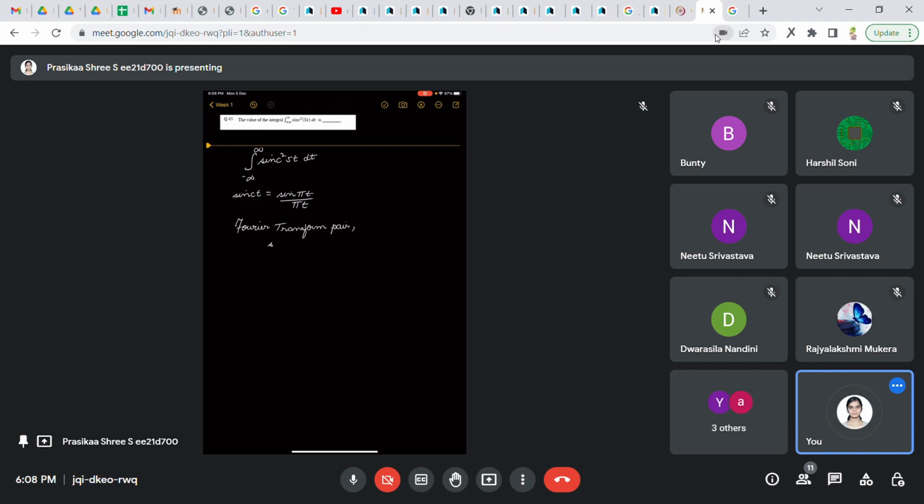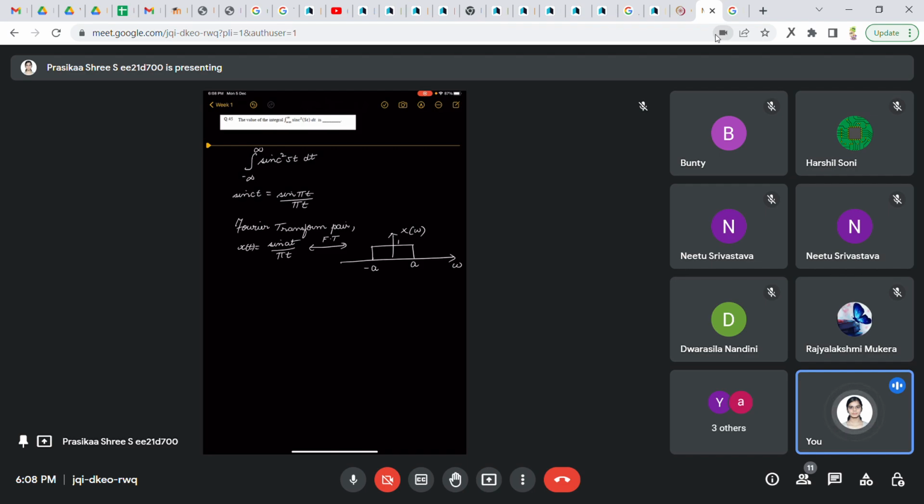Which is sine at by pi t. When you take the Fourier transform, you will be getting a rectangular waveform which is going from minus a to a in the omega domain, frequency domain, with amplitude 1. Let us have this as x of t.